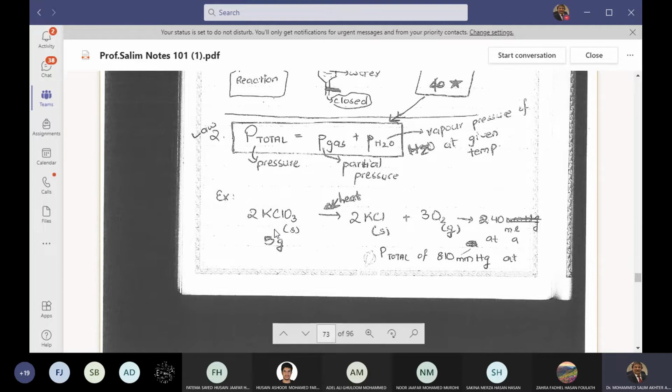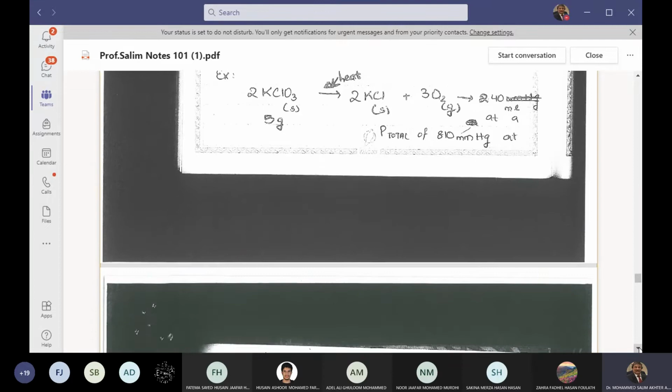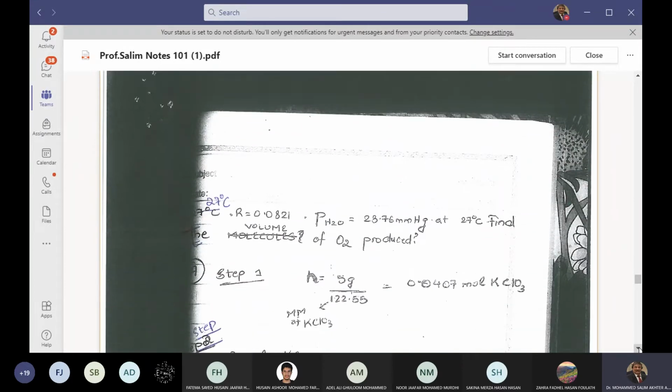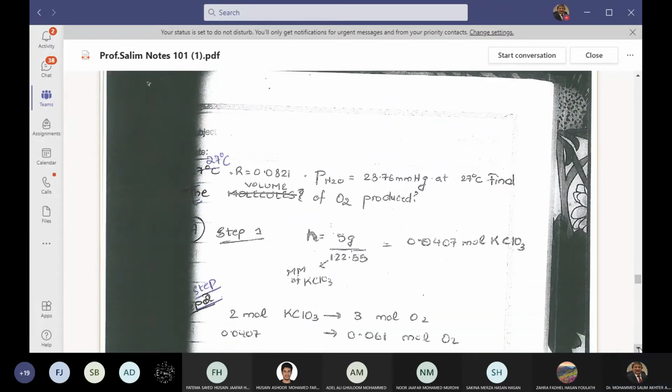I have 5 grams of KClO3. Just give me a second, please, so then I can get.